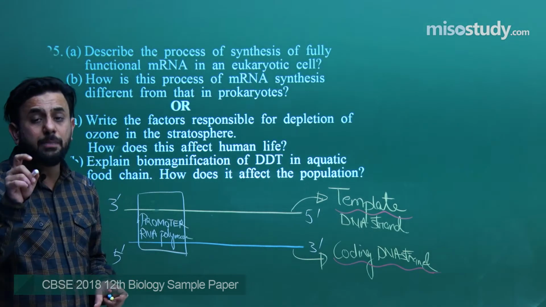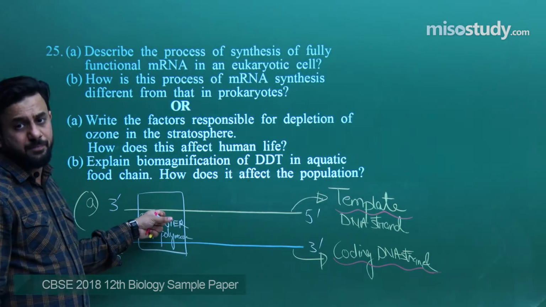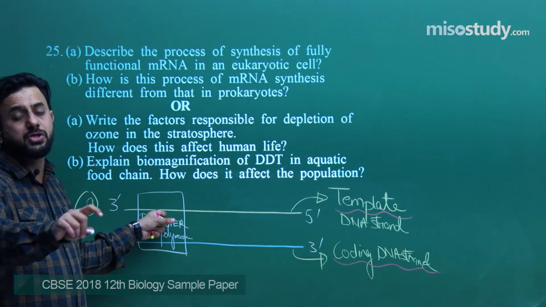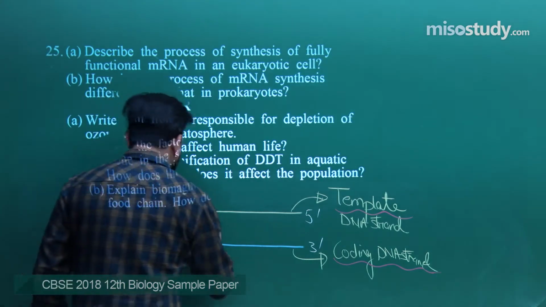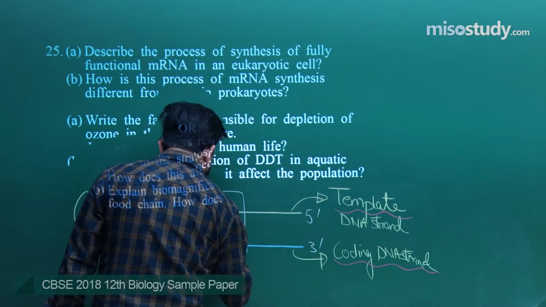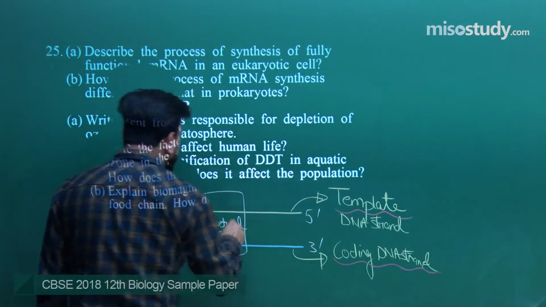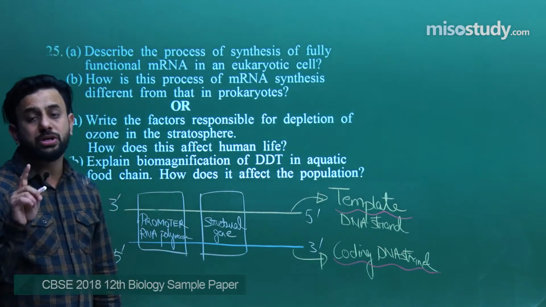The RNA polymerase enzyme will bind to the DNA template strand at this point, and hence the transcription will start. Then we have the structural gene, which on the template strand will code for the proteins.